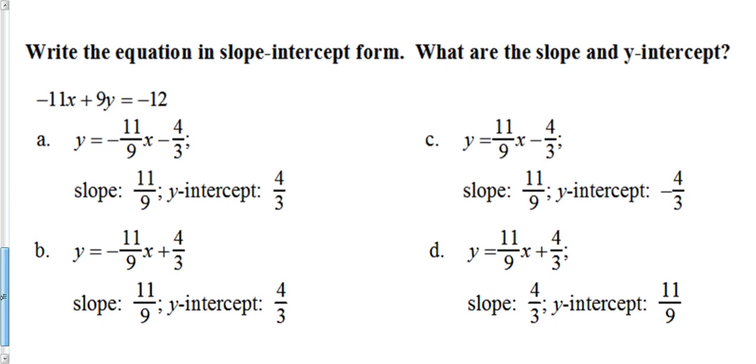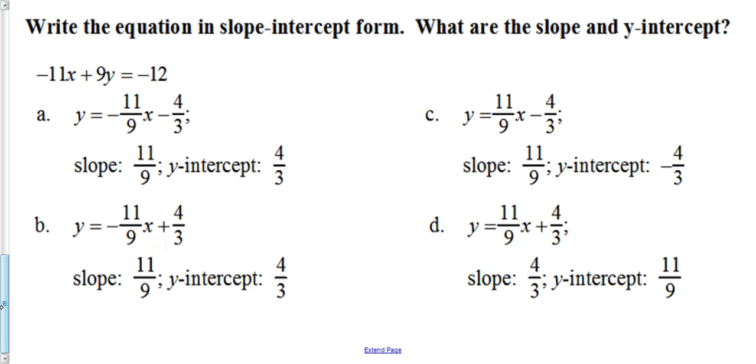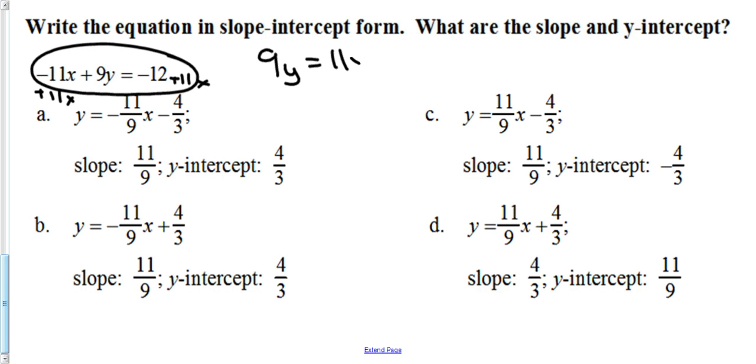One more problem down here, the multiple choice problem. Here's my equation right here. The question asks us to put it in slope-intercept form, and what are the slope and the y-intercept? Well, same thing. Add 11x to both sides gives me 9y is equal to 11x minus 12.